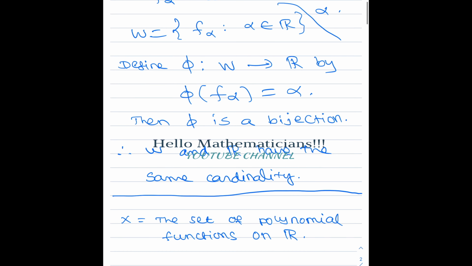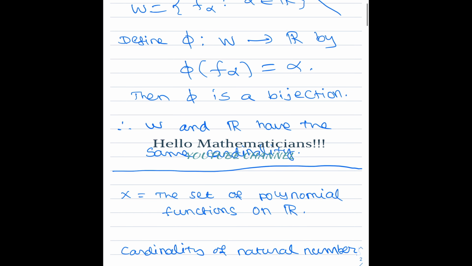Then we can verify that this phi is a bijection. You have to verify that it is well defined, one-one and onto. They all come out naturally, nothing to worry about. So it is a bijection, therefore W and R have the same cardinality.